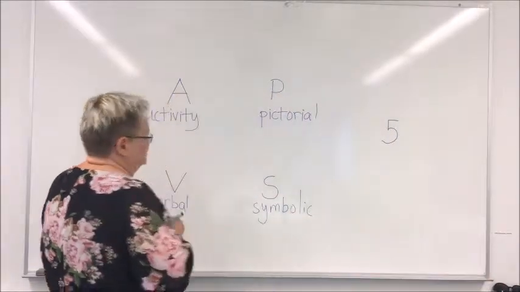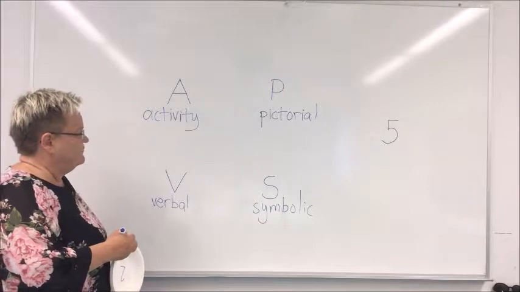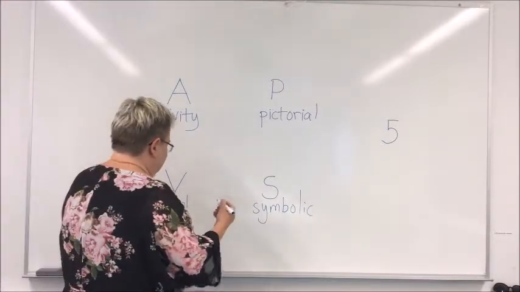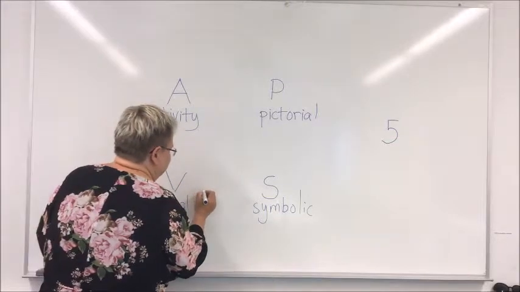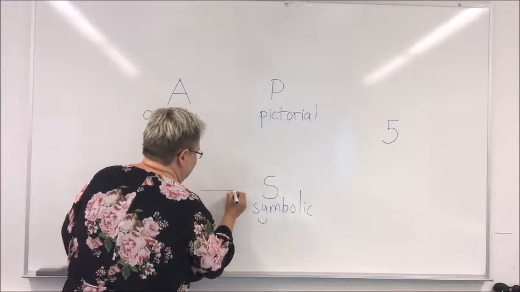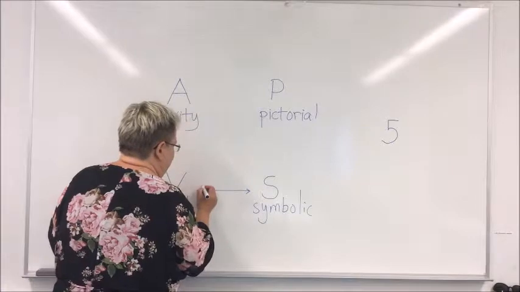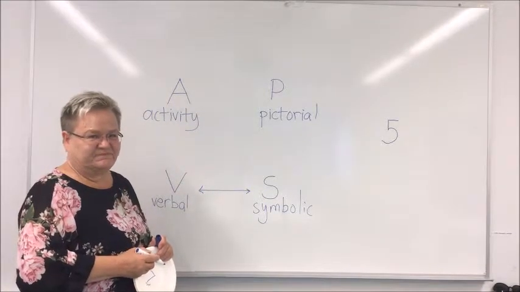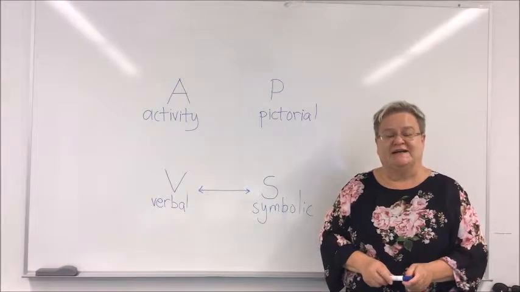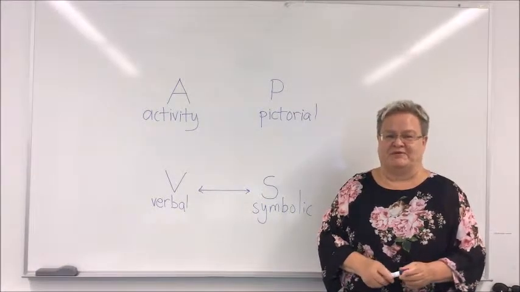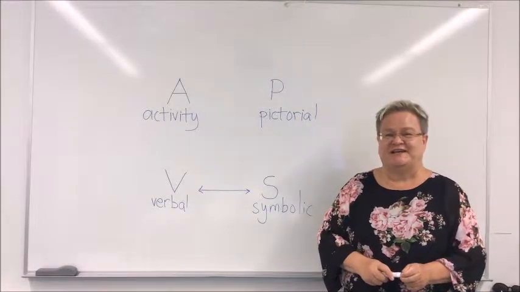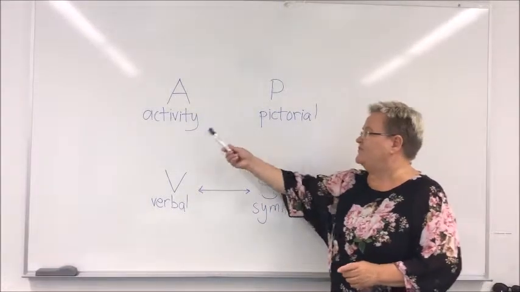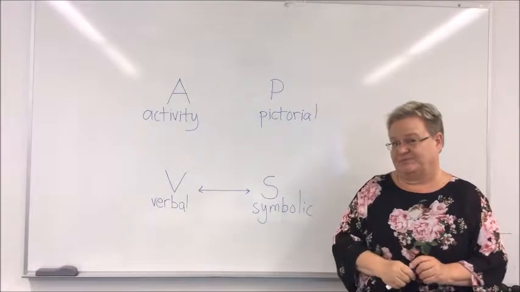In that kind of teaching, if we think in terms of representations, the movement is here between verbal and symbolic representations. But a child, to understand the number concept, has to be able to work with the other representations too.